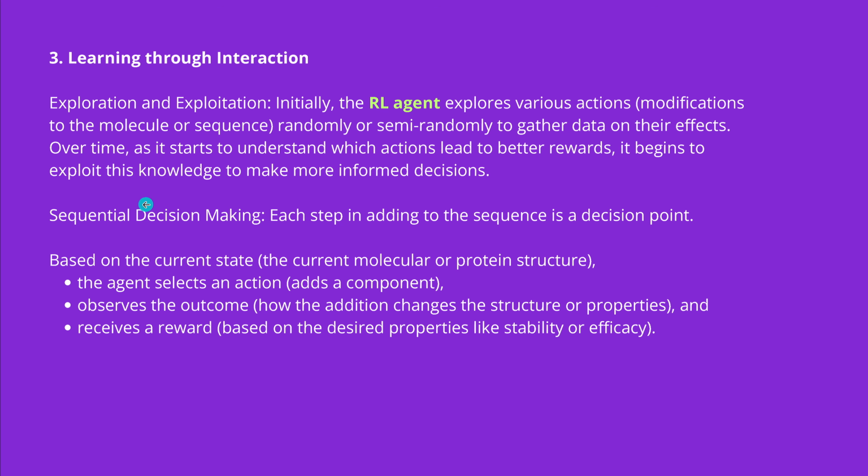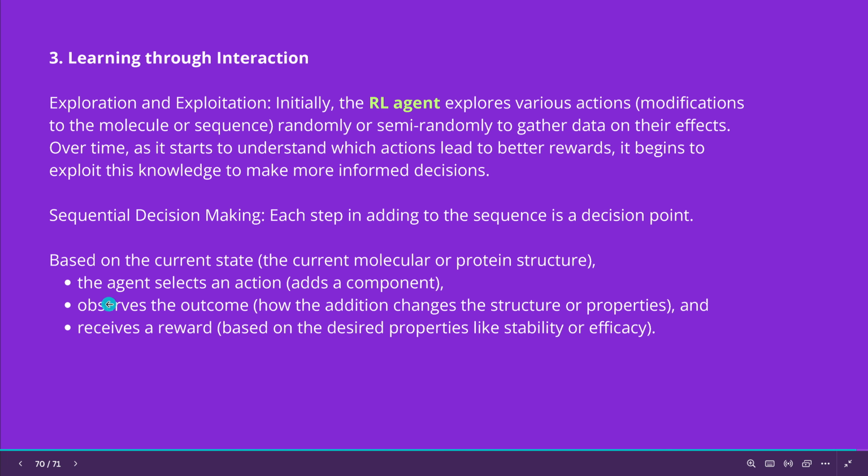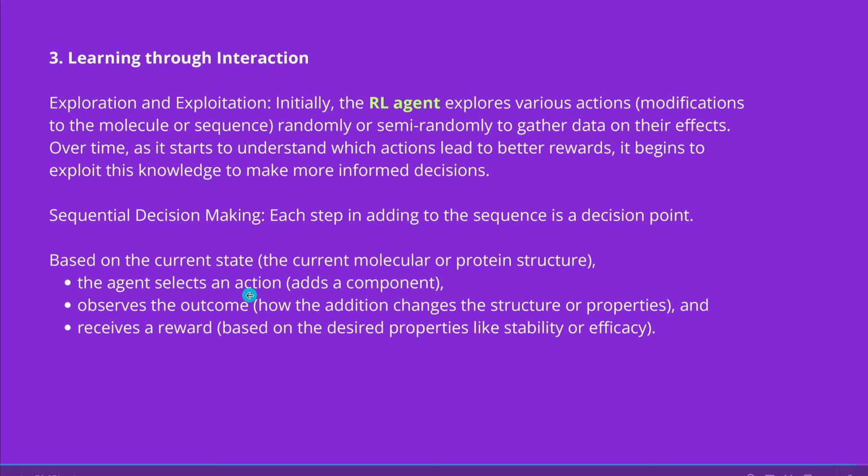Policy. Sequential decision making: each step of adding to the sequence is now a decision point, and based on the current state of our model, for example, the current three-dimensional molecular structure or a protein structure, the reinforcement learning agent now selects an action to add a molecule, observes the outcome, how the addition of this molecule changes the overall three-dimensional structure, changes the folding, or changes some electrochemical properties, and receives a reward.